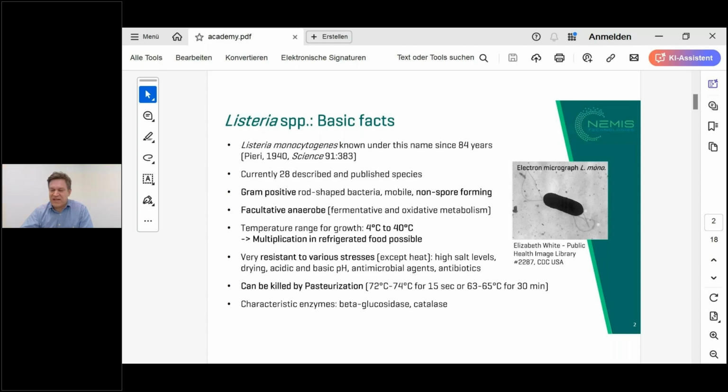Then they have a very flexible metabolism, so they're facultative anaerobes, so they can grow both with and without oxygen, through fermentation and oxidative metabolism. Also important with respect to food production and shelf life of foods is that they're capable of growing in a really wide range of temperatures, starting from 4 degrees, so refrigeration temperatures, up to 40 degrees.